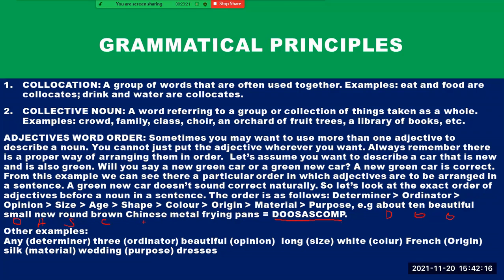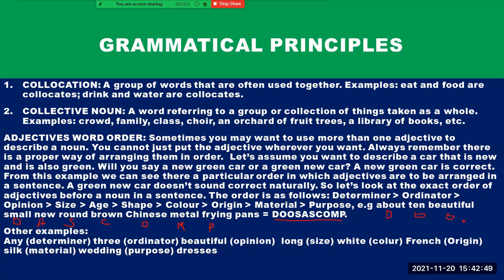And Chinese, of course, is origin here. Metal is material, you know, the stuff something is made of. Frying is purpose. You know, what do we use that pan for? It's a frying pan, all right? So this is the order in which adjectives are arranged in a sentence, okay? So that's the way we reorder adjectives.